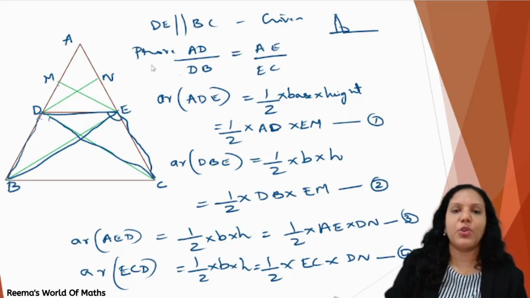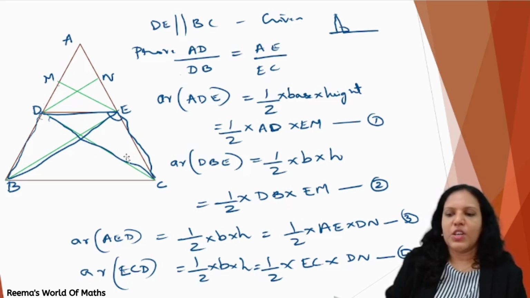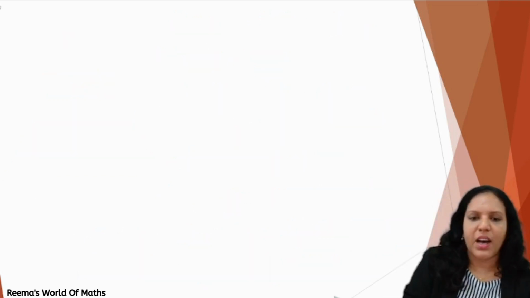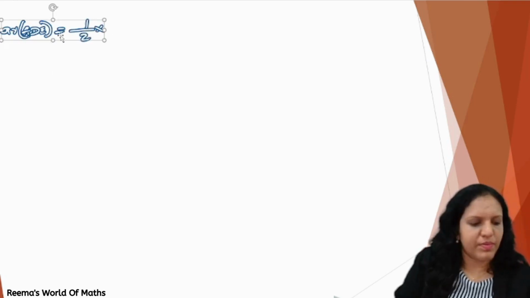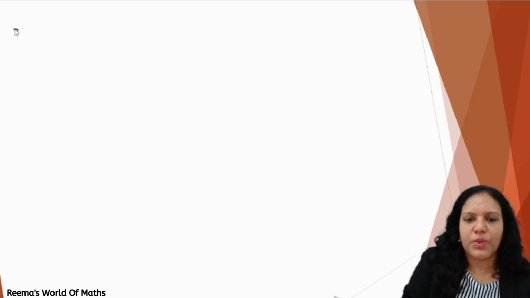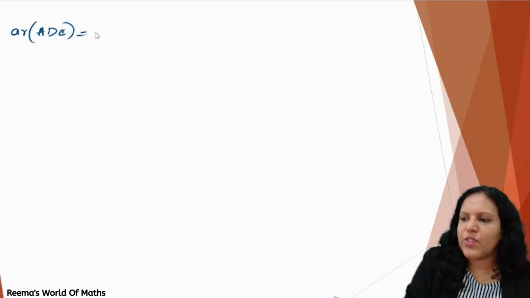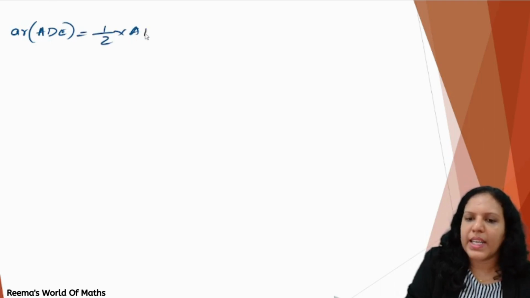Now we have got 4 equations from the given triangles. Now let's solve them. Let's write that on a fresh page. Area of triangle ADE equals half into AD into EM, which is equation number 1.